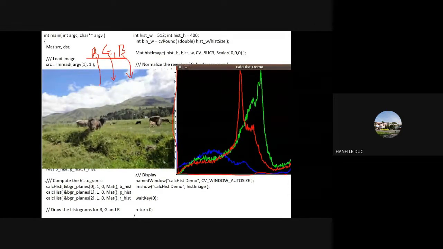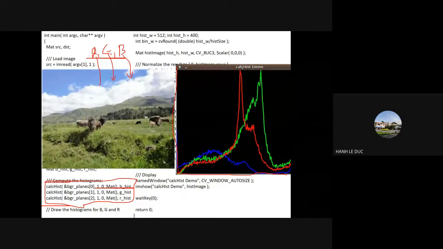So after you split the channels, calculate here, draw, and compile it into one picture, and then you will have the histogram of the color image.